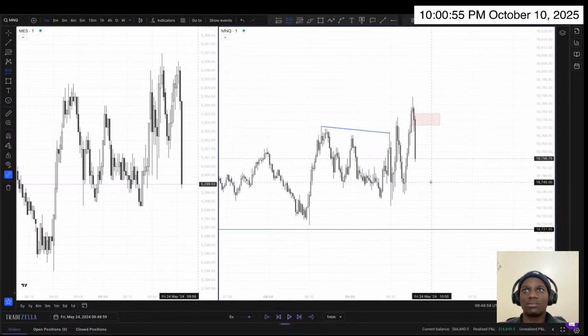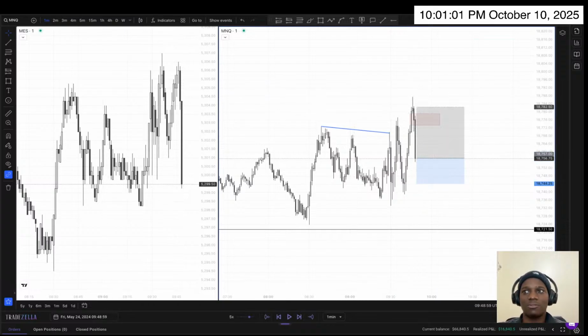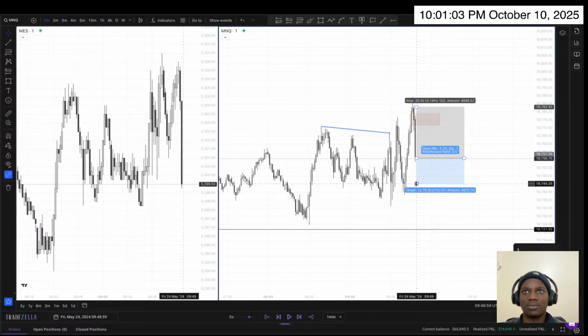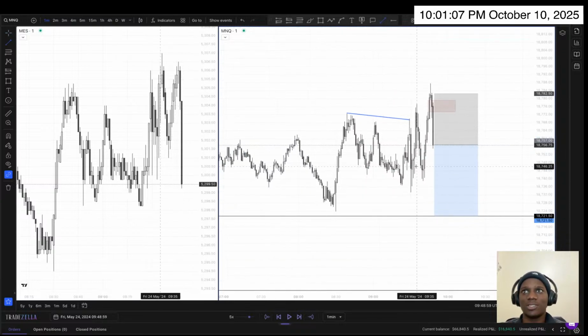Now I like to sell it. My stop right there, 25, so that's one full handle. Relatively close first target, break even once we reach here.